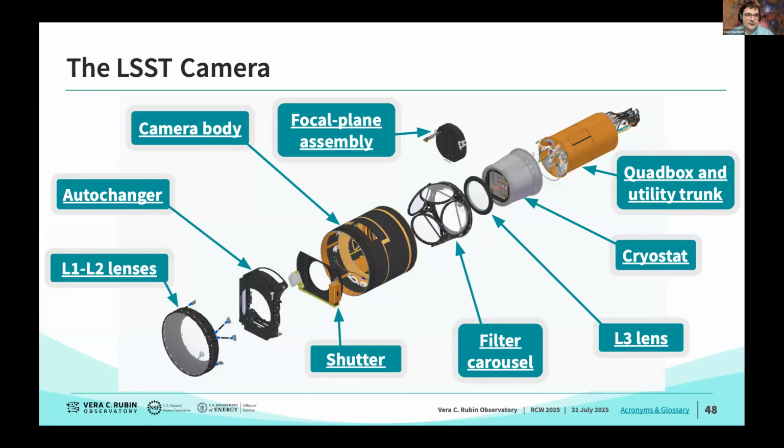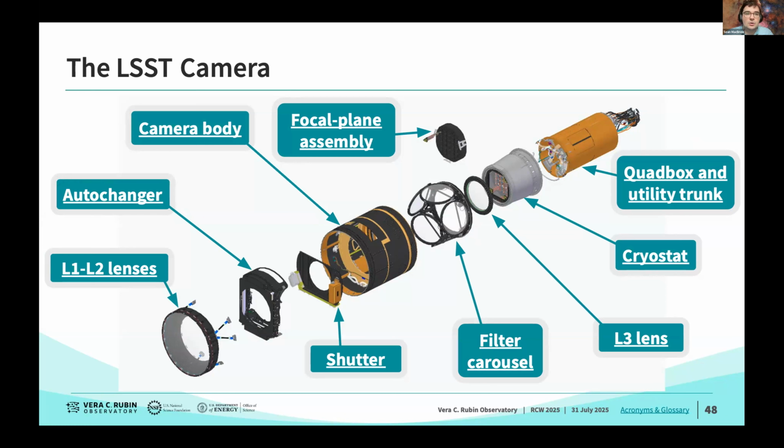So the LSST camera, I just want to get everyone on the same page. We've been talking a lot about the photons that we are very happy to see, but how do they actually get to the beautiful pictures that we've seen through first look and related to recent asteroid fields? Light comes in through the L1 and L2, the first two lenses of the camera, and passes through what we call an auto changer.